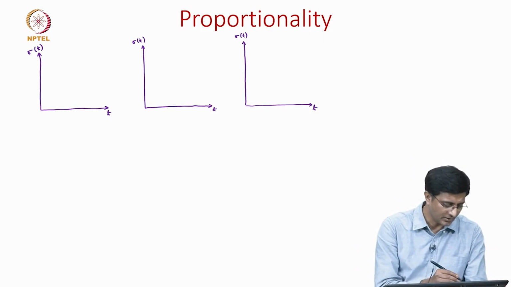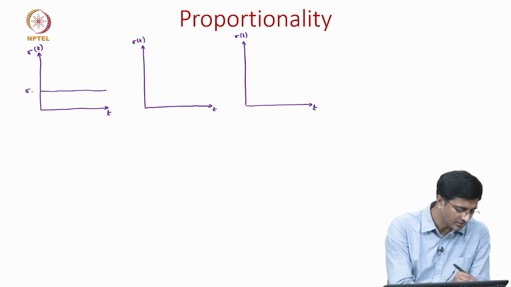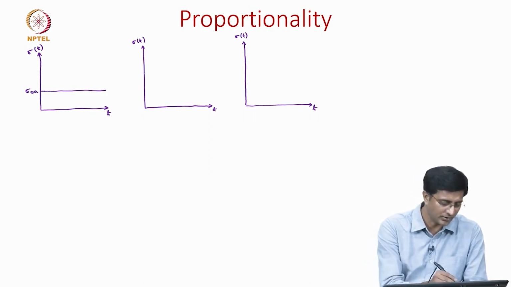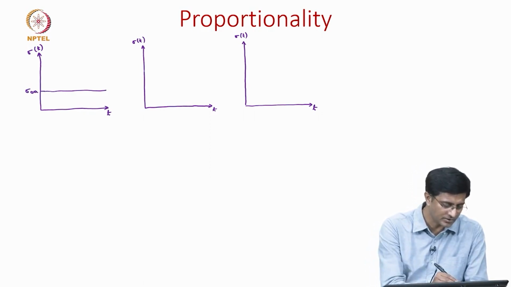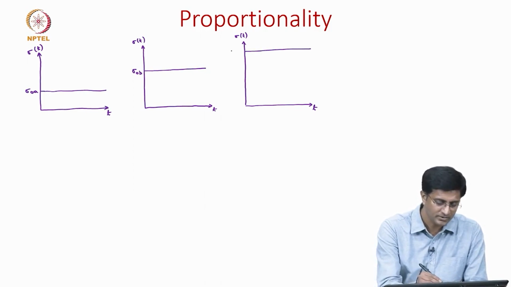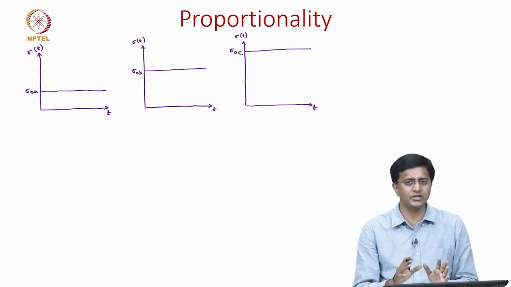So initially we will start with sigma naught. Let us call this as sigma naught A to distinguish it from the other 2 tests, because the other 2 tests we are saying will be at a different stress level, like we will call it as sigma naught B, and then another stress level slightly higher, sigma naught C. So that is the difference in the load input for these 3 tests.